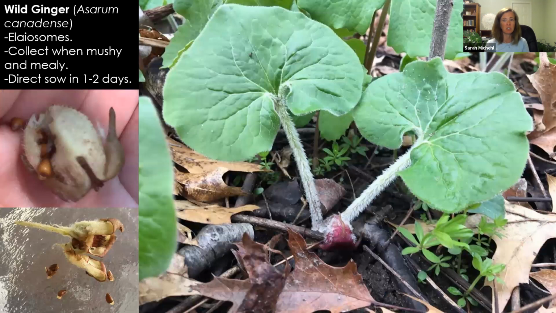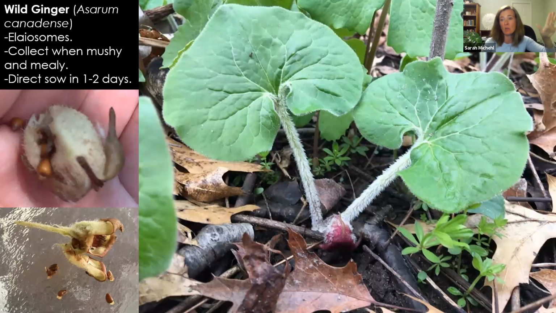Wild ginger. This one's tricky because the seeds are in the back section of the flower structure. So if you look at that picture on the left-hand side on the top, that reddish structure is the flower.